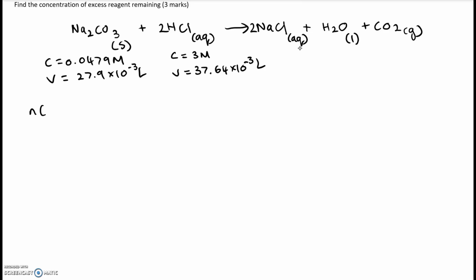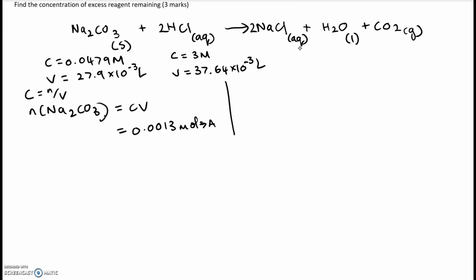So the number of moles of sodium carbonate can be found by using the concentration formula here, where concentration equals number of moles over volume. So n must then equal CV, and in putting the values for sodium carbonate, we should get a final value of approximately 0.0013 mole, which I'm going to store as A.